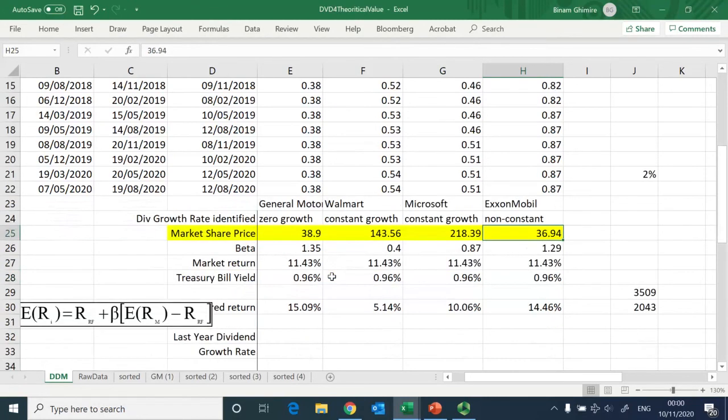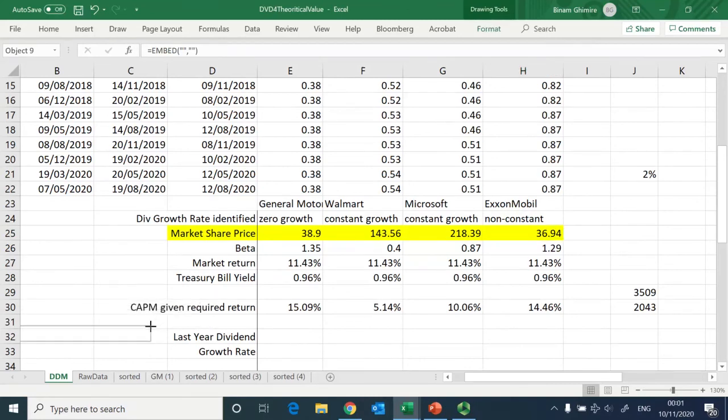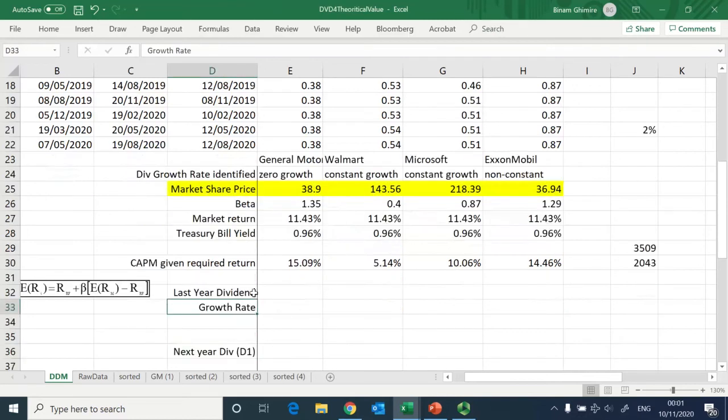So now what we want to do is find out what is the growth rate in dividend, and that will help us find out next year's dividend. But first, last year's dividend.